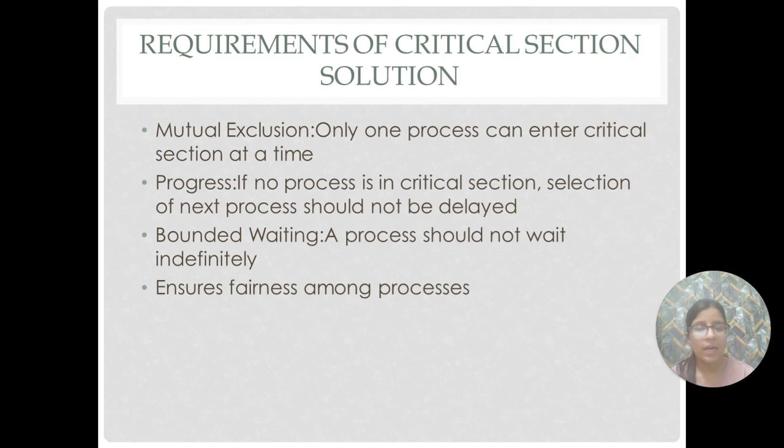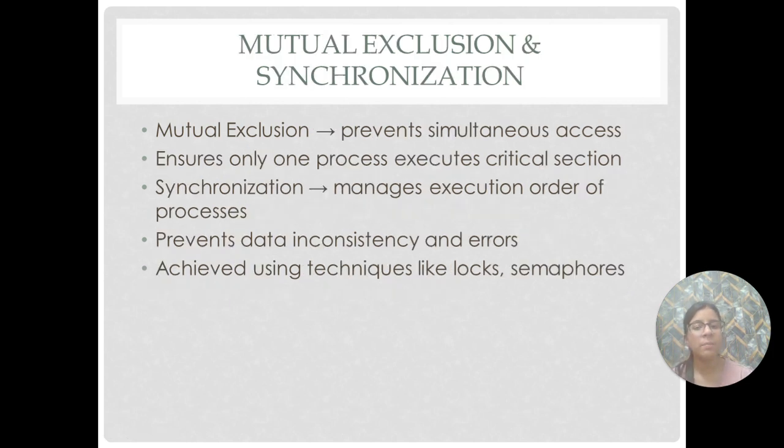Now let us understand the relation between mutual exclusion and synchronization. Mutual exclusion ensures that only one process works in the critical section at a time, and synchronization means processes execute in the correct order.